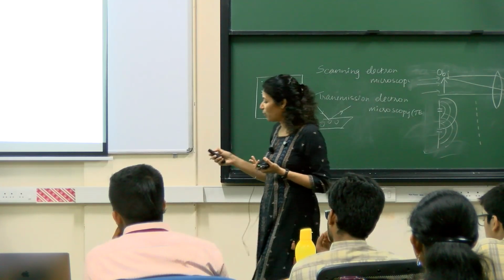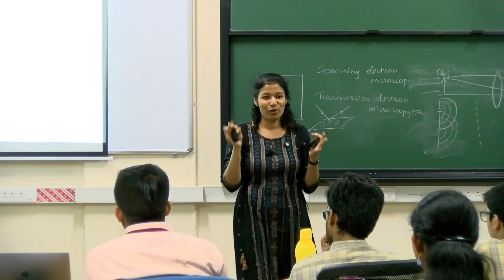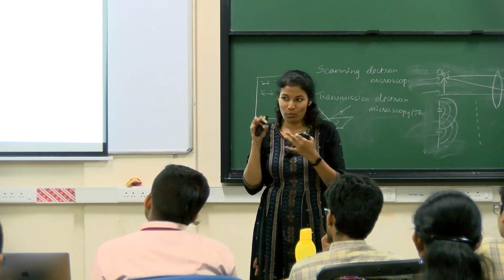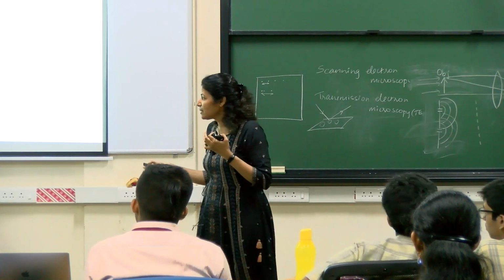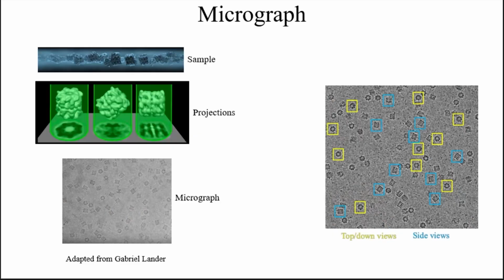A typical micrograph is black and white, not as colorful as light microscopy, but it has a lot of details. From this, you can identify where your molecule or protein of interest is. There are different views that are possible.